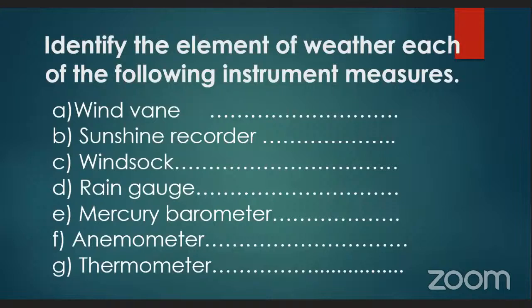There is a card which is very sensitive and it is on one side. So when it collects there, the card has a scale. If you look at the picture that I showed you, from there you can easily read the hours and minutes of the sunshine. That is the sunshine recorder.